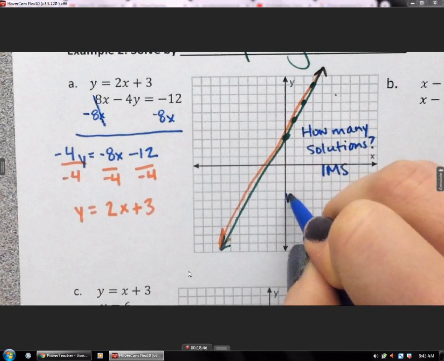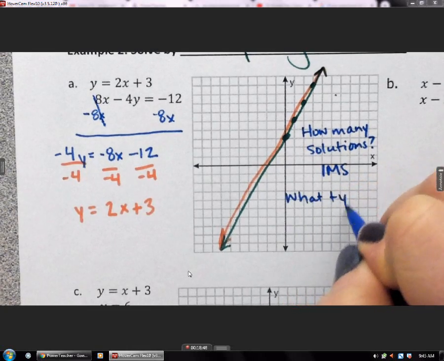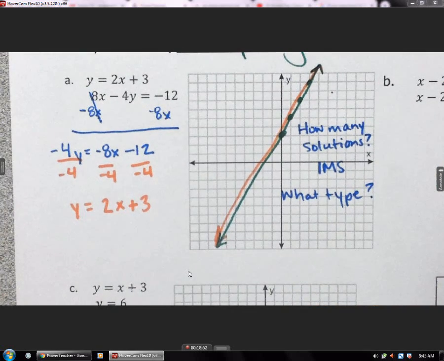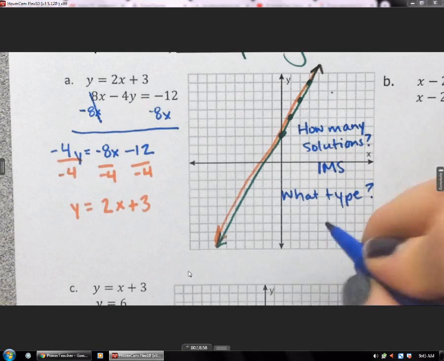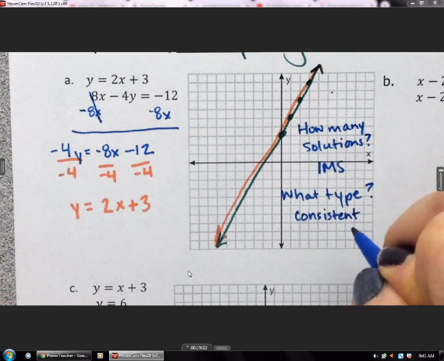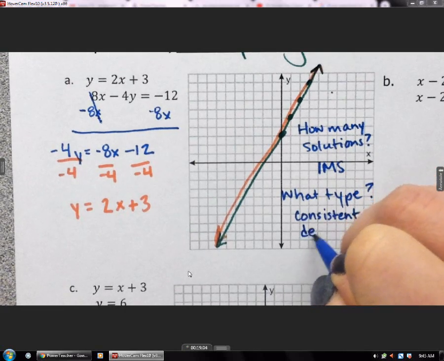If it said what type, what would you say? You wouldn't say same line. The terminology. So you would say consistent, dependent.